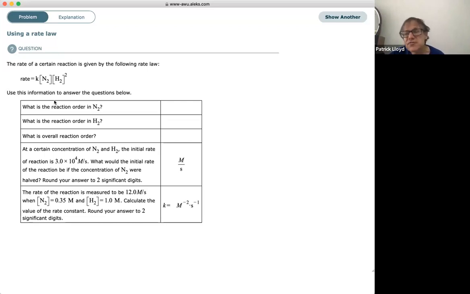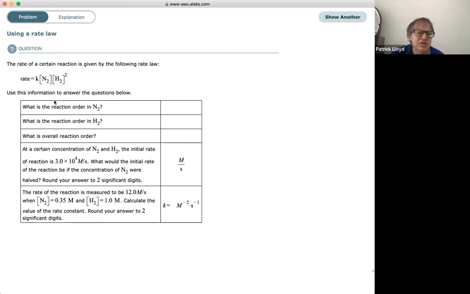Okay, this is the form of a rate law. It's equal to k times the concentration of each of the reactants raised to either the first power or the second power, maybe the third, maybe a half even, but most commonly 1 or 2. So N2 is to the first power and H2 is the second power.